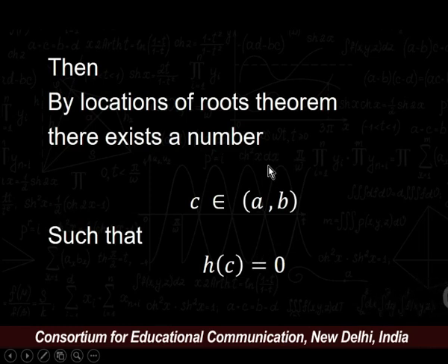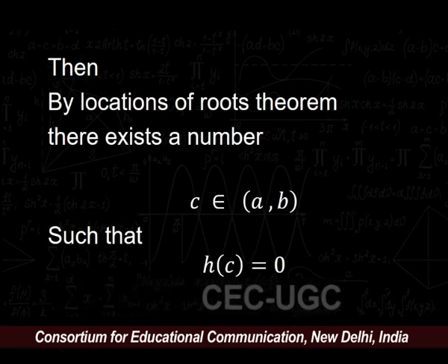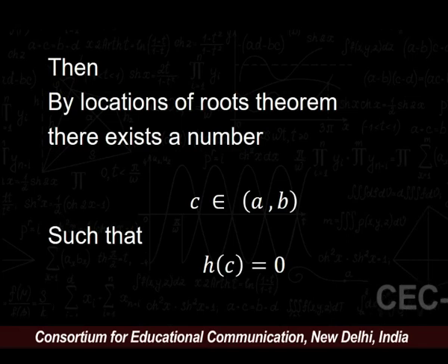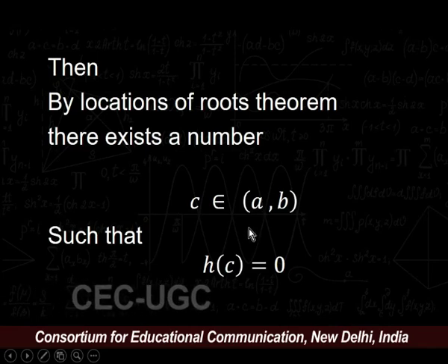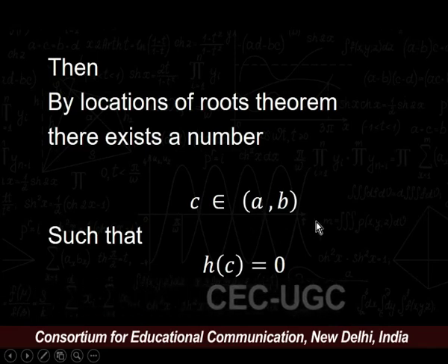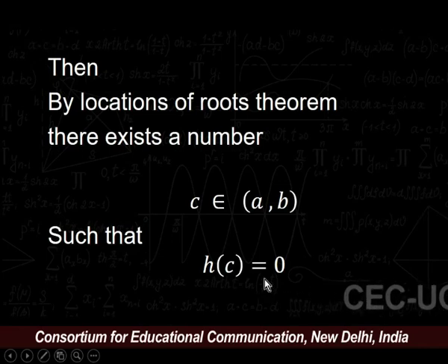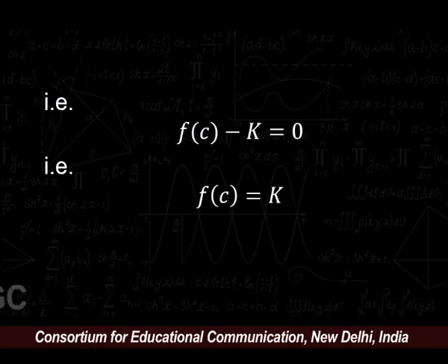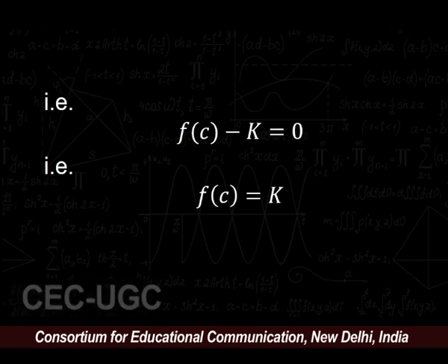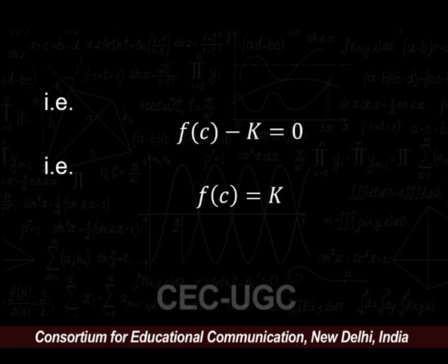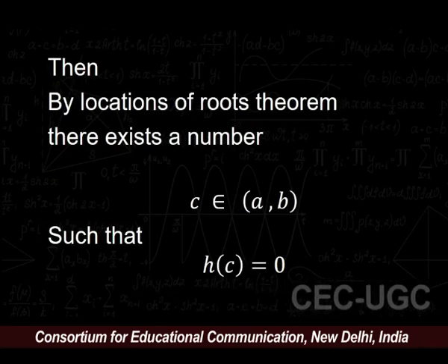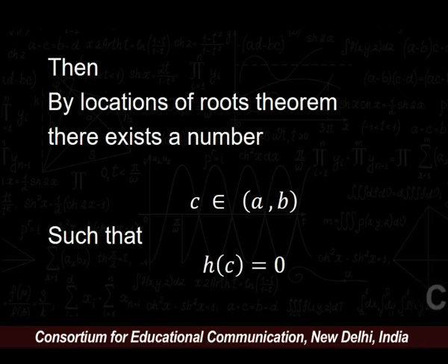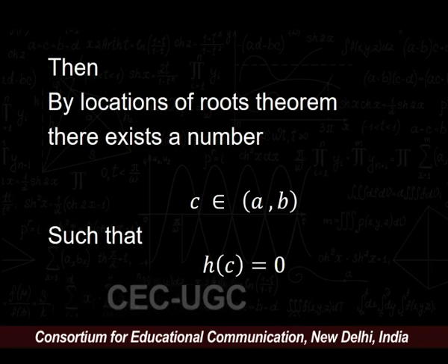So, by location of roots theorem, there exists a number c belonging to the open interval a comma b such that h of c is equal to 0. That means f of c minus k is equal to 0, because our function h of x is defined as h of x is equal to f of x minus k.